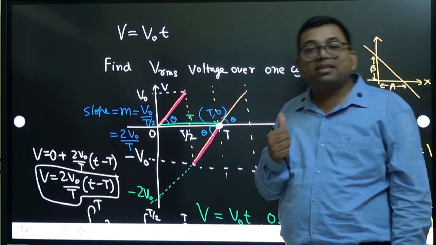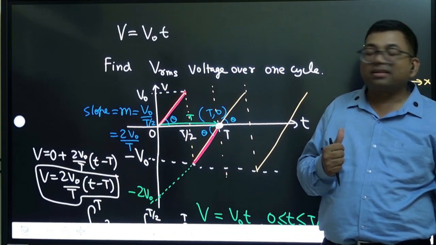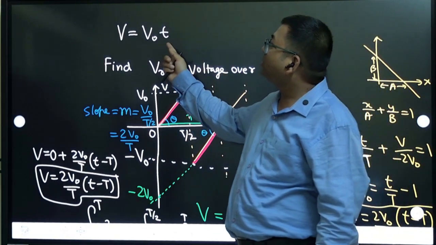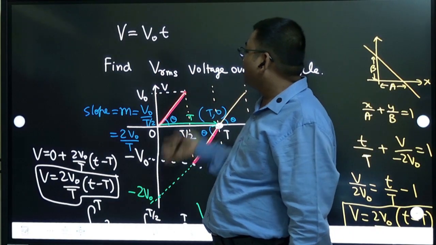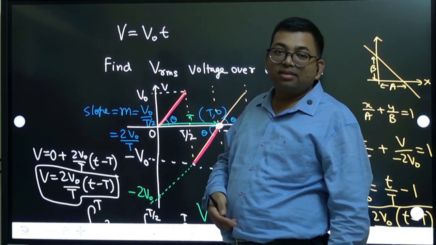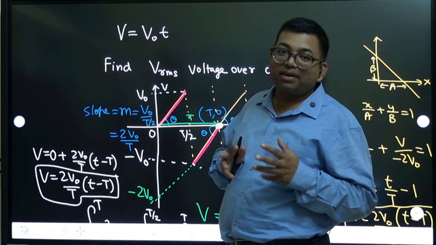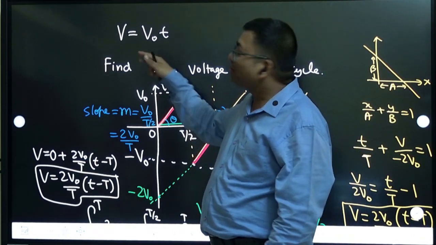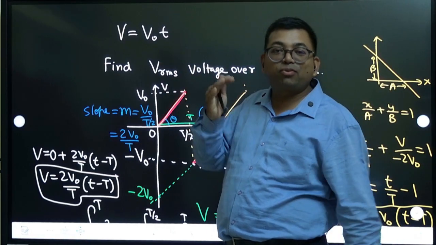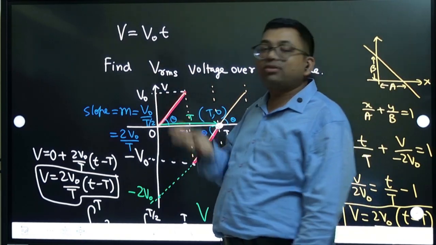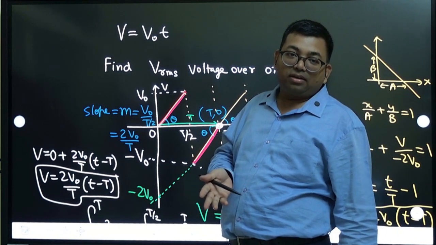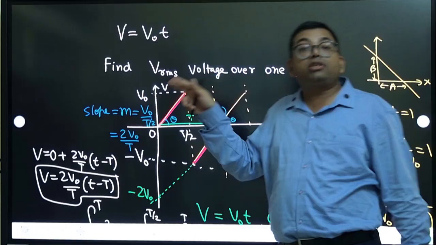This equation is where people will make mistakes, because they may think it looks nice, but this integration is not giving the correct answer. You will start judging things, but you need to first judge this equation before integrating. This V naught is not the voltage. So what is the unit of V naught?